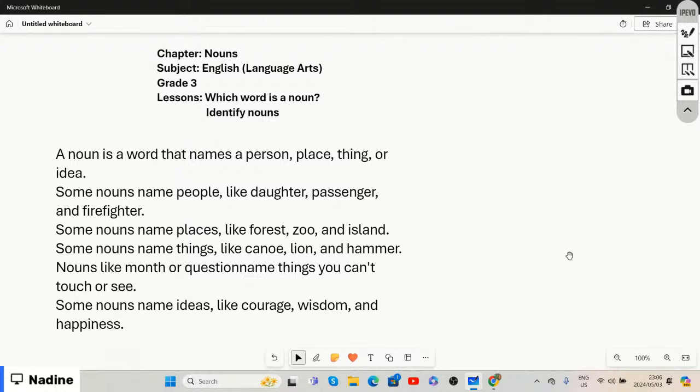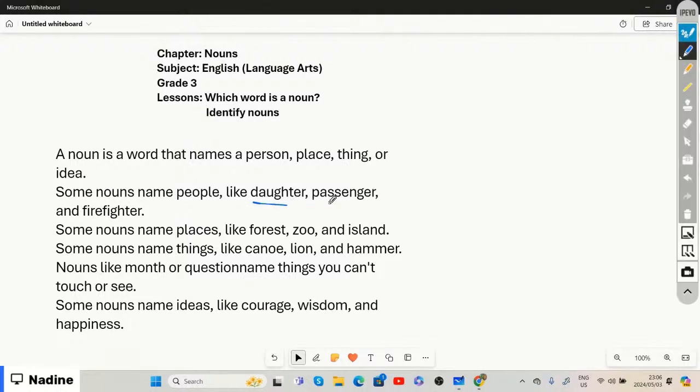Some nouns, if it names people, then it can be words such as daughter, passenger, firefighter, girl, boy, right? It can even be teacher. Those are nouns that name people.